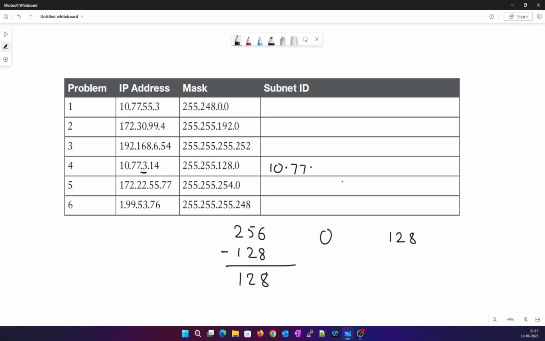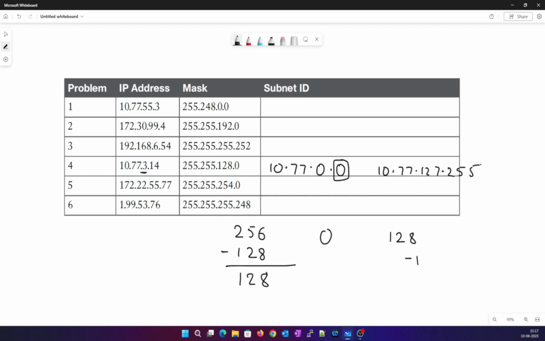The subnet ID hence would become 10.77.0.0, and the broadcast for this would be 128 minus 1, right? And write that down in the third octet. So 10.77.127, then convert the last octet to 255.